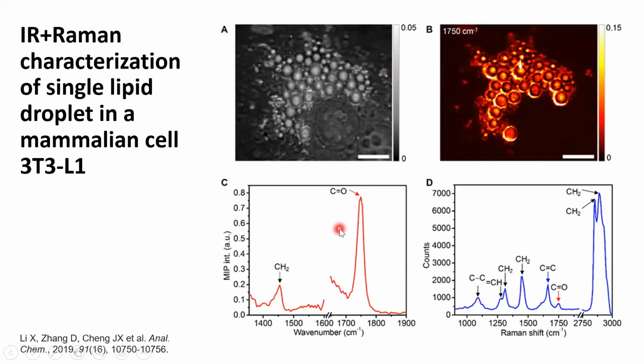And again, you can see IR and Raman are complementary to each other. IR is very sensitive to the fingerprint region, the CO bond, while the CO bond is very weak in Raman spectroscopy. Raman is very sensitive to CH2. So again, this is a very nice platform where you can couple IR and Raman together, which has never been done before on a single platform.